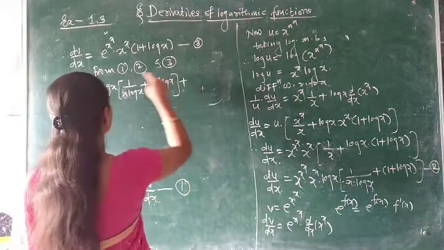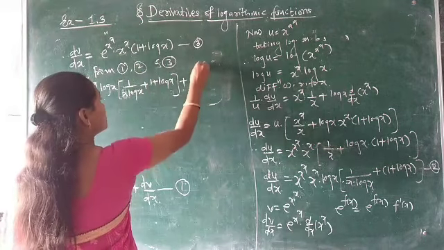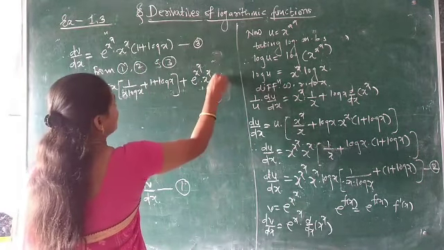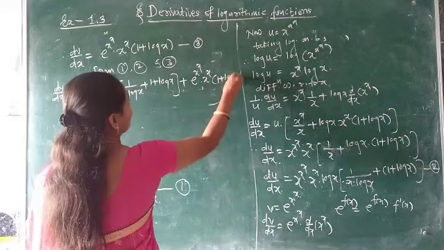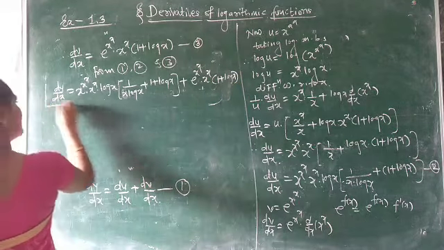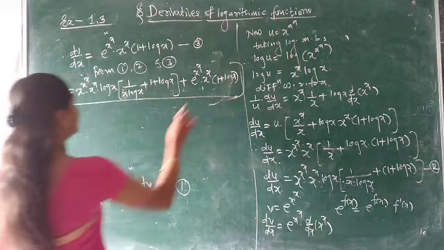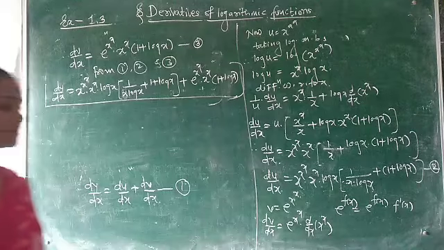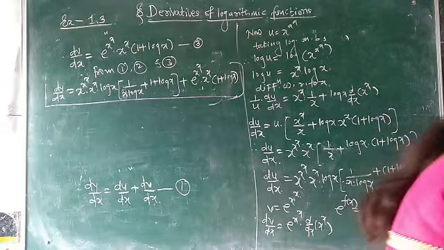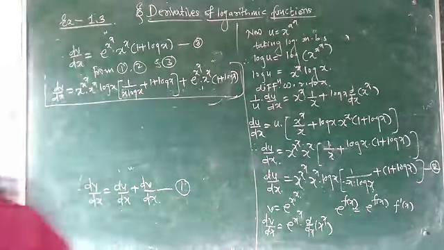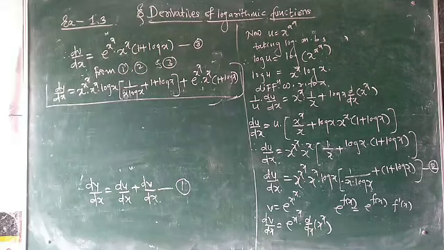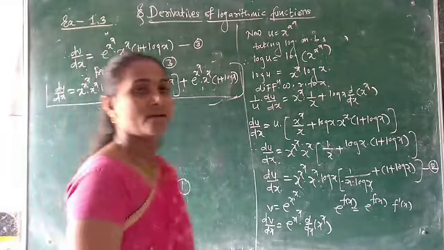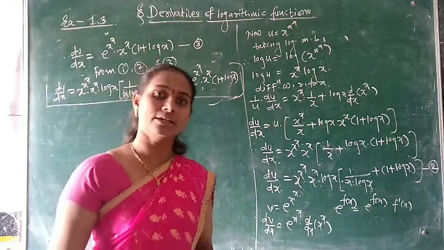Write the value of dv upon dx: e raised to x raised to x into (1 plus log x). This is our dy upon dx for example number 2. The remaining examples we will solve in the next lecture.